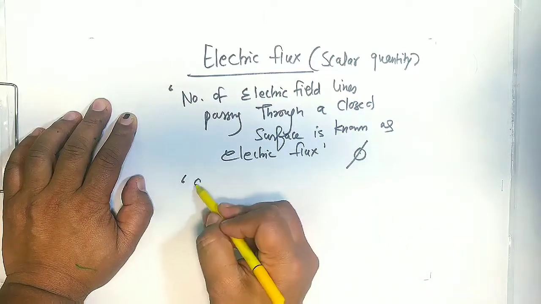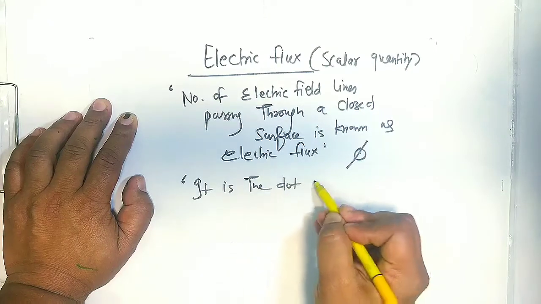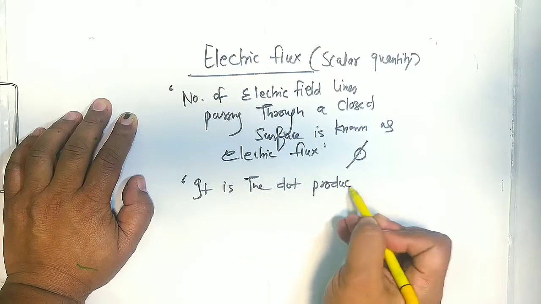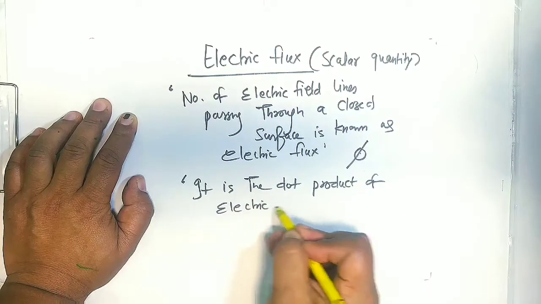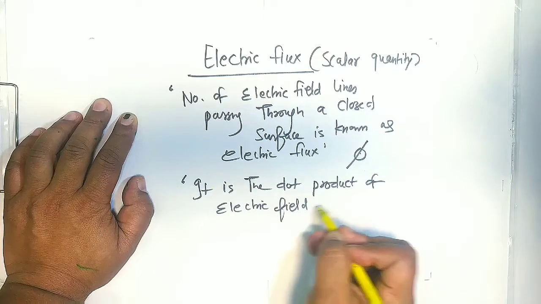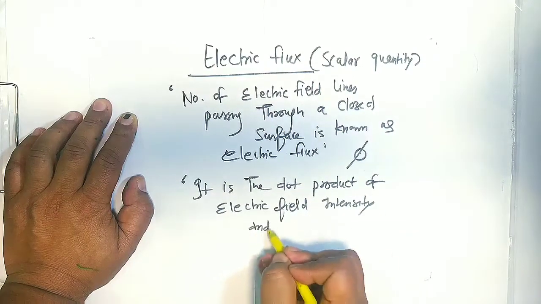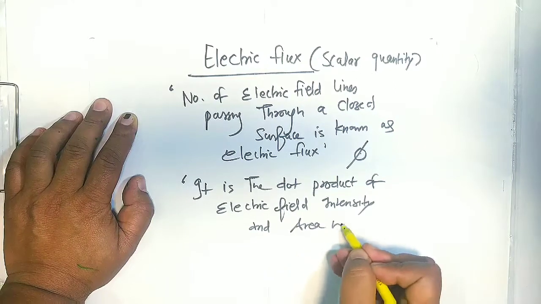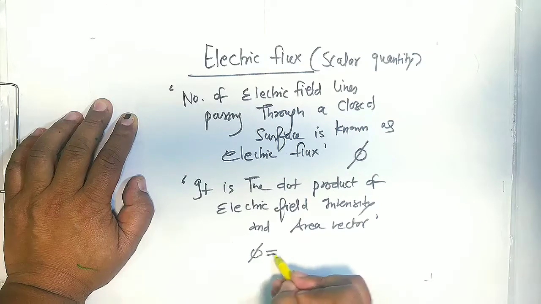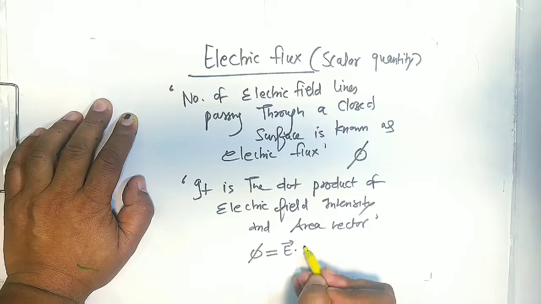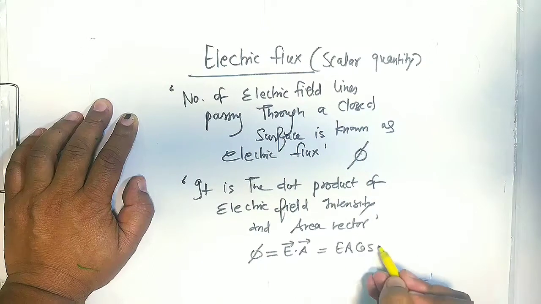Another definition is that it is the dot product of electric field intensity and area vector. So we can even say phi is E dot A, phi is EA cos theta.